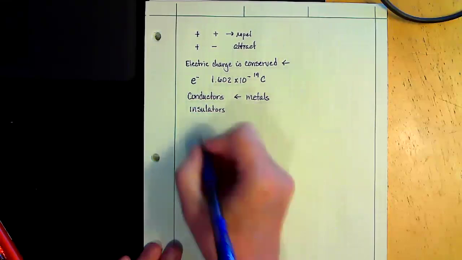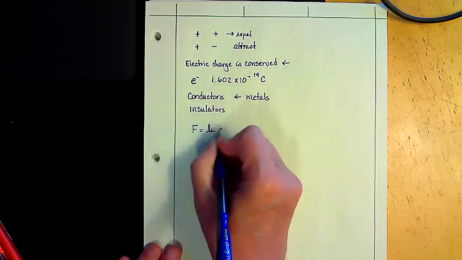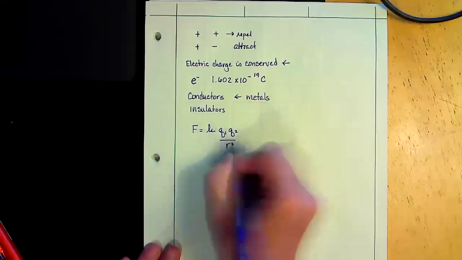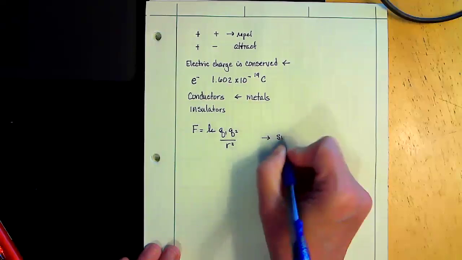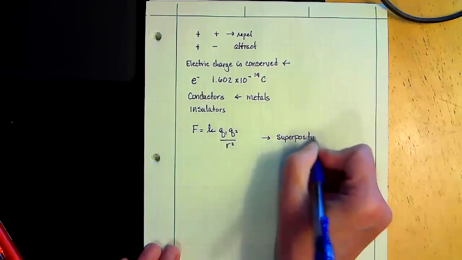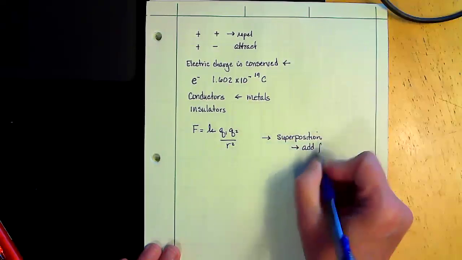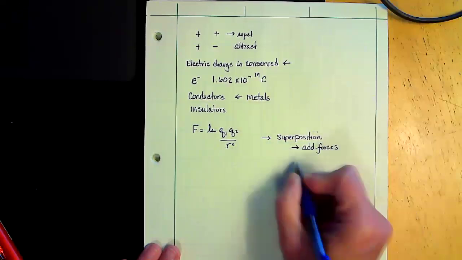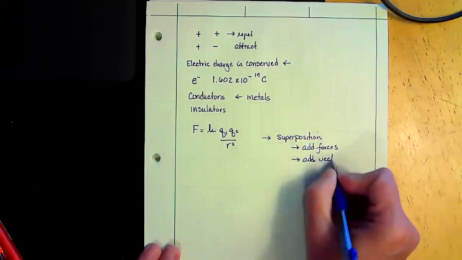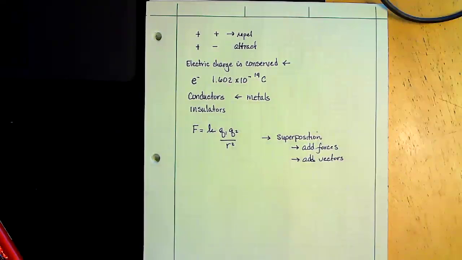So we have those. We've had Coulomb's law, which is F equals k q1 q2 over r squared. We use our superposition principle to add our forces, or add vectors, because we do it both for forces and for our electric fields.